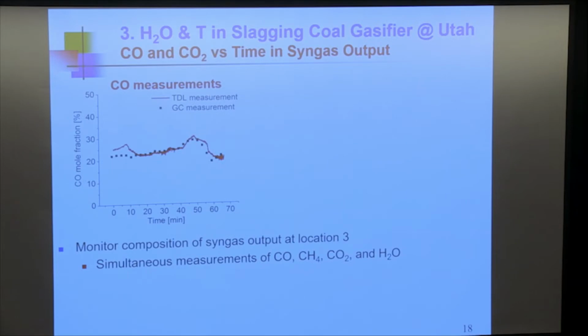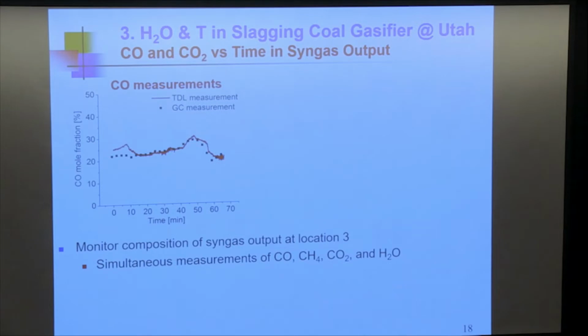So we're now getting close to what we want to know: what's actually coming out, how much syngas they produced, before they clean it up, and how much energy content it has. What they really want to know is how much CO, how much hydrogen you have, how much energy is going into what would have been the gas turbine.